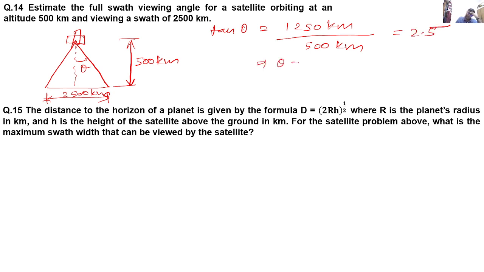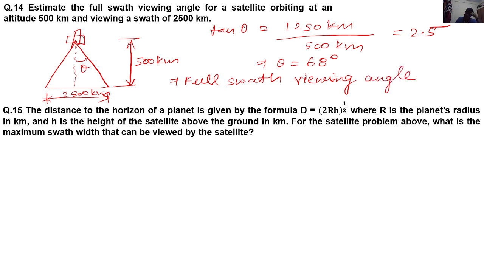So theta equals 68 degrees, the inverse of tan 2.5. The full swath viewing angle is actually 2 theta, so it is 2 times 68 degrees, which comes out to be 136 degrees.